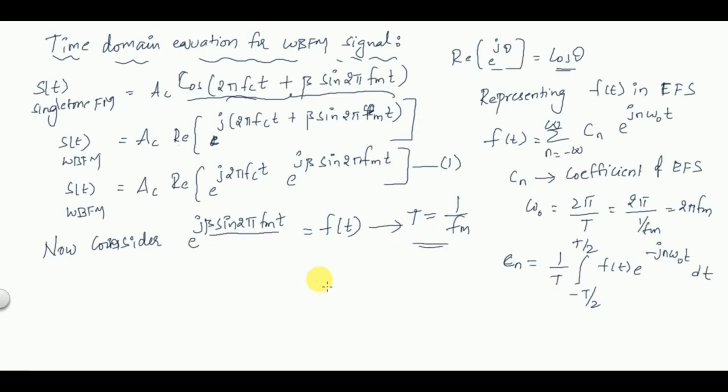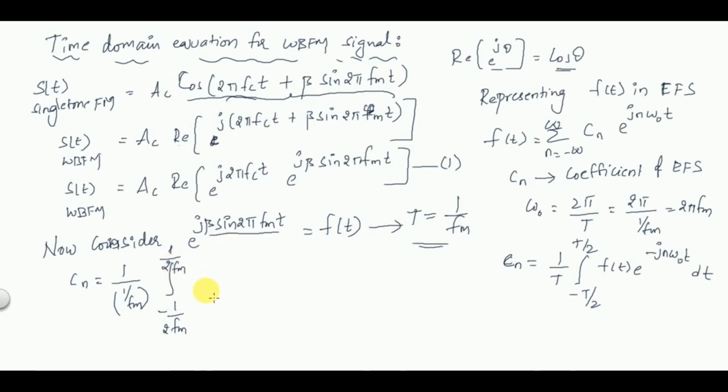T is equal to 1 by FM. So now Cn becomes FM, integral from minus 1 by 2 FM to 1 by 2 FM, because T is 1 by FM, so minus T by 2 is minus 1 by 2 FM, and the upper limit is 1 by 2 FM.